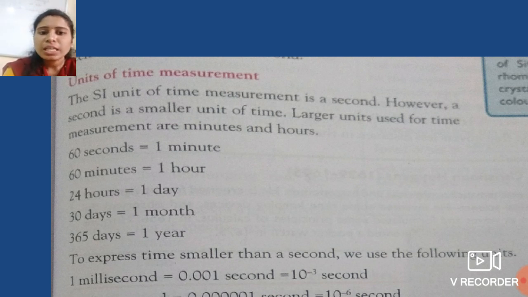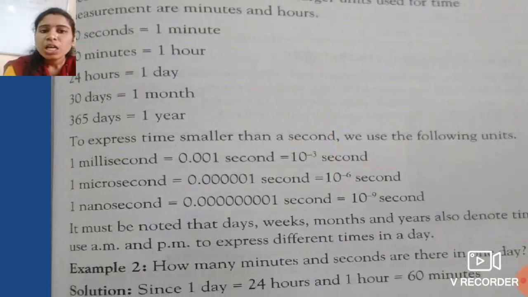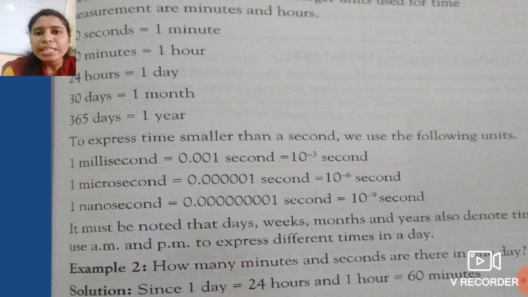See students, here 1 millisecond. 1 millisecond means it is very small compared to a second. 1 millisecond is written in this fashion: 0.001 second. How can we write this?